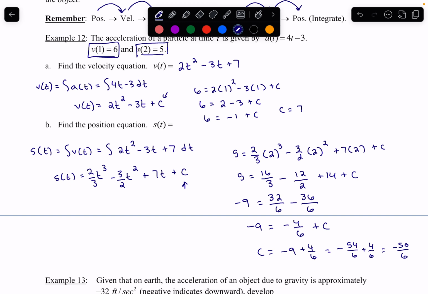But I can plug that in now to my position function. So s of t equals 2 thirds t cubed minus 3 halves t squared plus 7t minus 50 over 6. And I've got my original function.